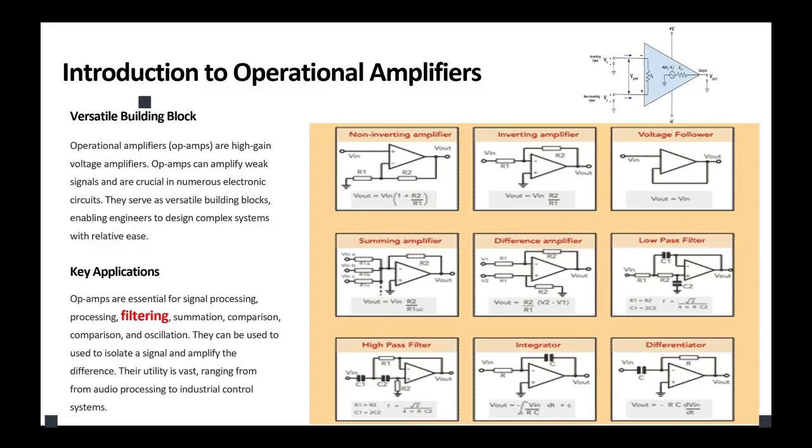Now, we have three pins in an op amp. There is one input which is normally shown by a positive sign. We call it the non-inverting input. We have an input shown by a negative sign. We call it the inverting input, and the third pin is the output. Now, you might see in the picture that we have a plus and minus V connected to the middle of that triangle.